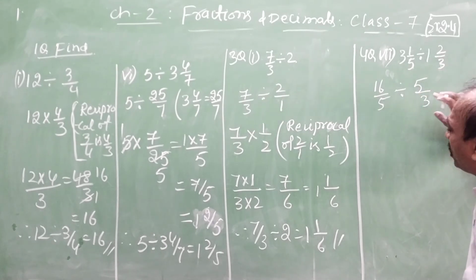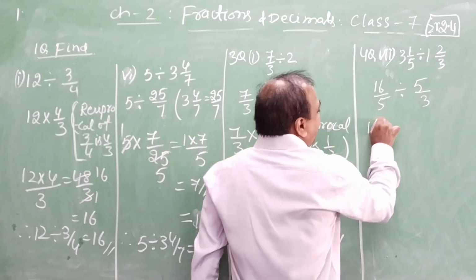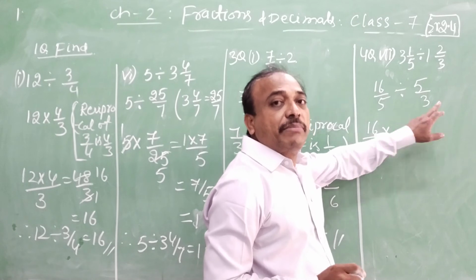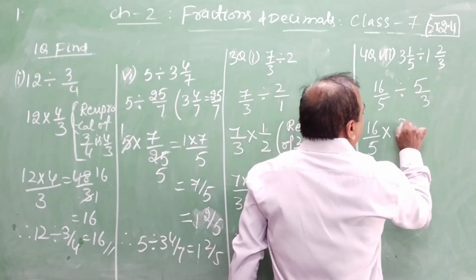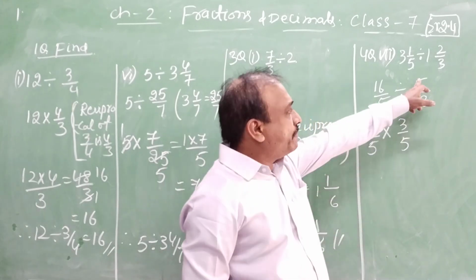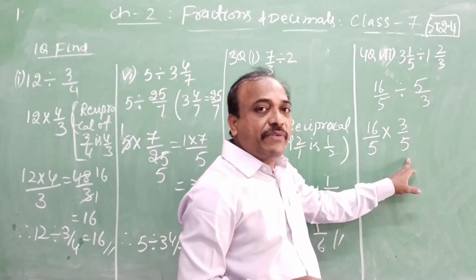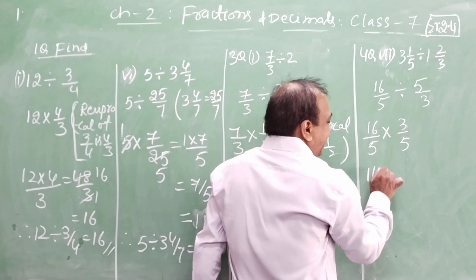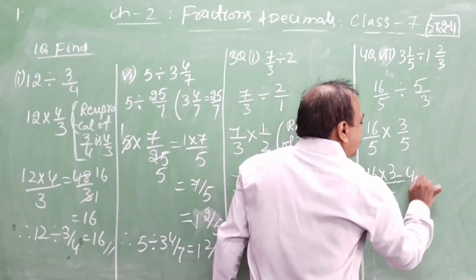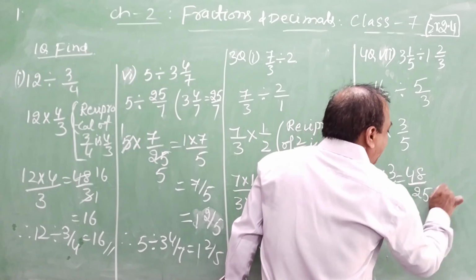Now take the reciprocal of the divisor. 16 by 5 into the reciprocal of 5 by 3, which is 3 by 5. You see, the reciprocal of 5 by 3 is 3 by 5. So 16 into 3 by 5 into 5, which is 48 by 25.